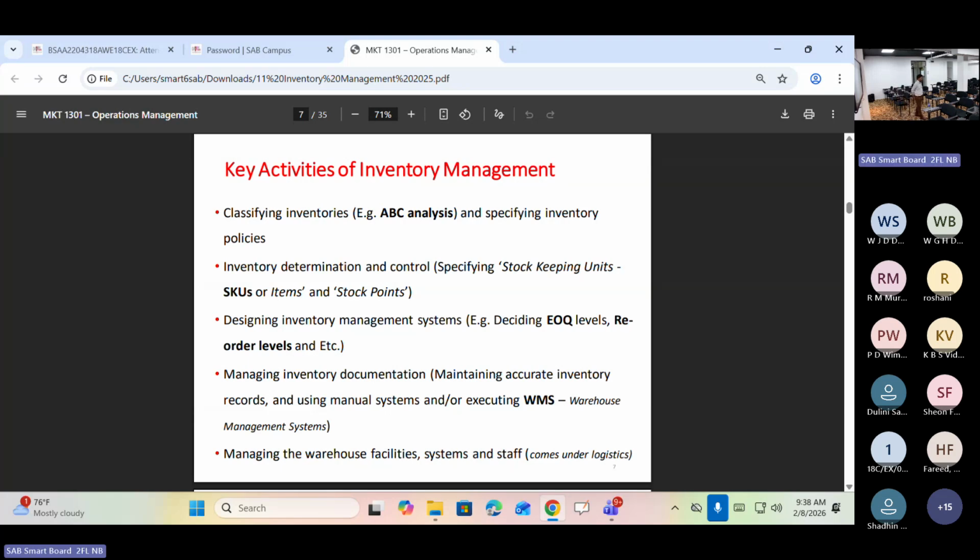You may see in past papers questions like, describe the importance of inventory management in a selected industry. You may select the manufacturing industry or even some service industries.